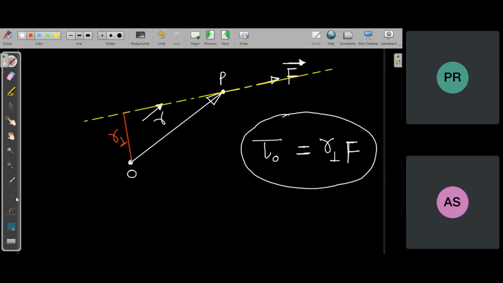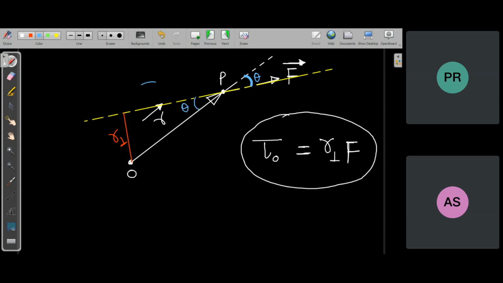Here you have to understand where theta is. If you just extend this line slightly, the r vector is in this direction. What will be theta? Theta is simply the angle between the r vector and the F vector. You can see this angle is theta between the r vector and F vector. If this is theta, then vertically opposite, this angle will also be theta.